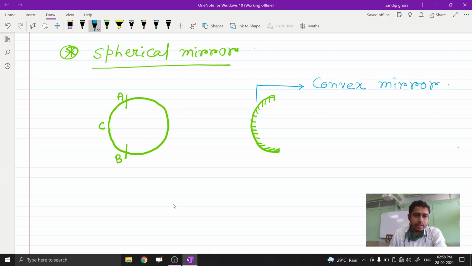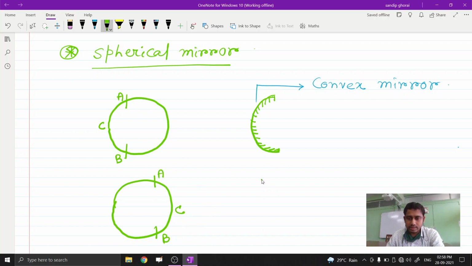If we take another hollow sphere and cut this portion, this is A, B, and this point is C. We take the right side and get this type of shape.